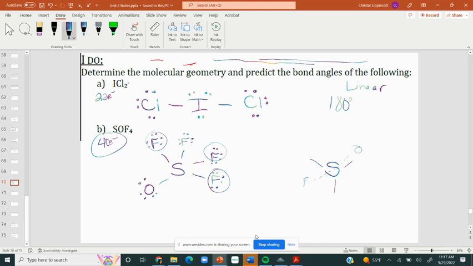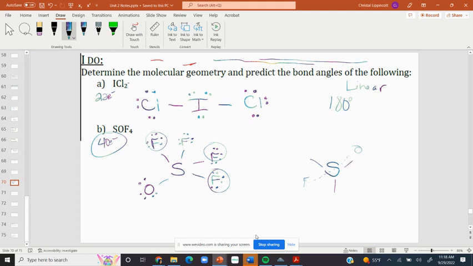Here, let me. This is good. Okay, it looks like this. Sulfur is in the middle. You've got an oxygen here and a fluorine here. And then you've got a fluorine, fluorine, fluorine coming off.